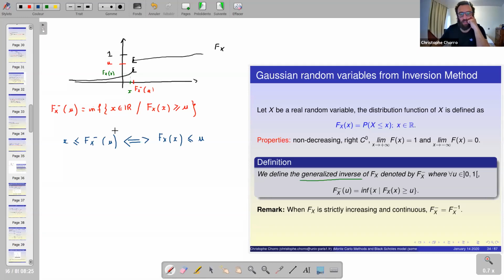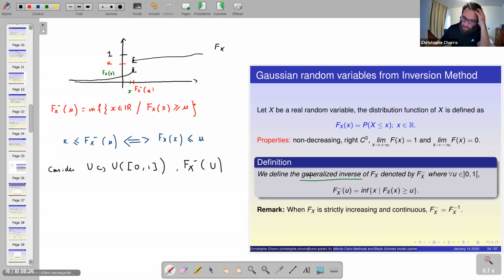So why is it interesting to have this? Because I can say the following. If I consider U, that is a uniform on the interval 0, 1, I can consider F_X^-(U), because the generalized inverse is defined for numbers between 0 and 1, and U, with probability 1, is in the open interval 0, 1.